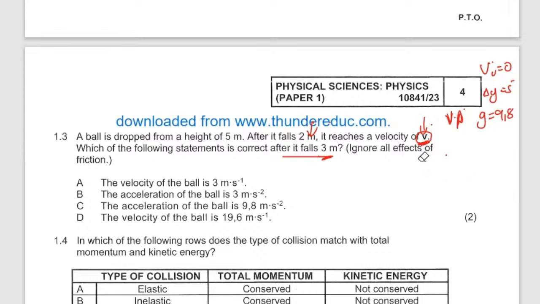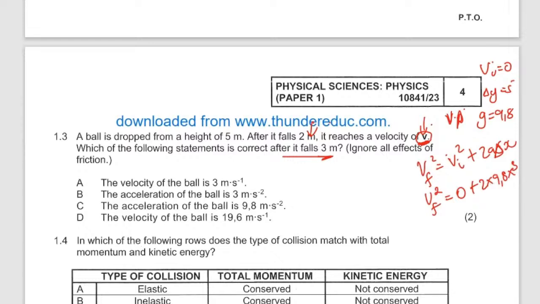How about I use the V squared equation? It makes sense, yes. VF squared is equal to VI squared plus 2a delta y. So our VF squared, with VI initially 0, is 2 times 9.8 times 3.